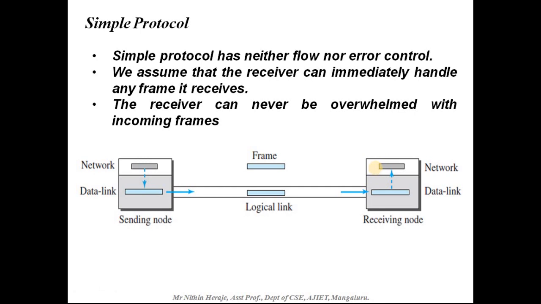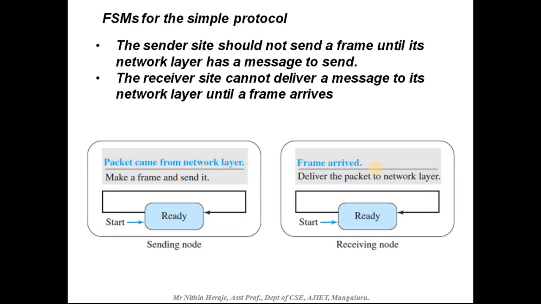All right, so this is how a simple protocol is going to work, and we'll see next the finite state machine for the simple protocol. So the sender side should not send a frame until its network layer has a message to send.